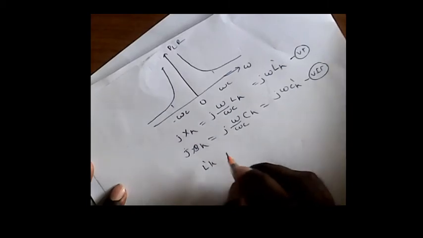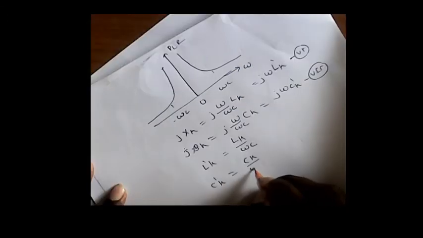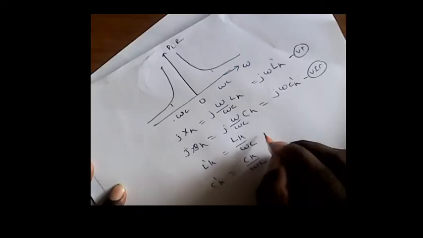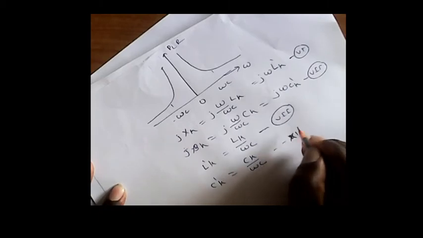This is equation 7, which shows that the new value L dash k is equal to Lk divided by omega c, and C dash k is Ck divided by omega c. This is equation number 8 and equation number 9.